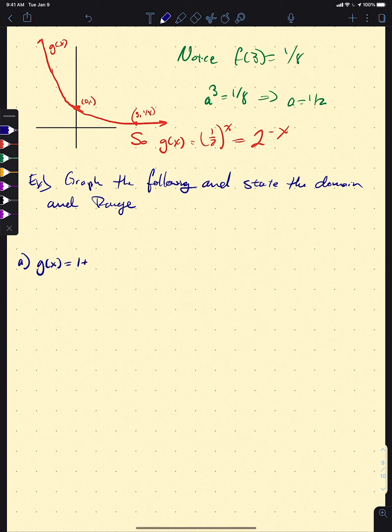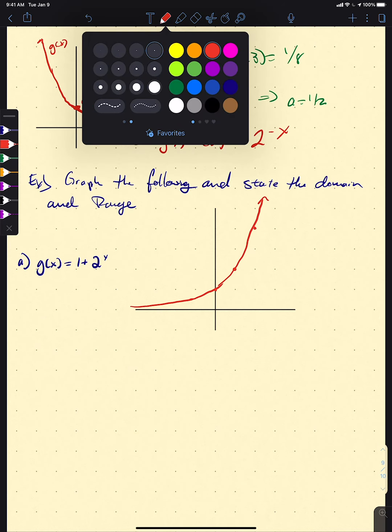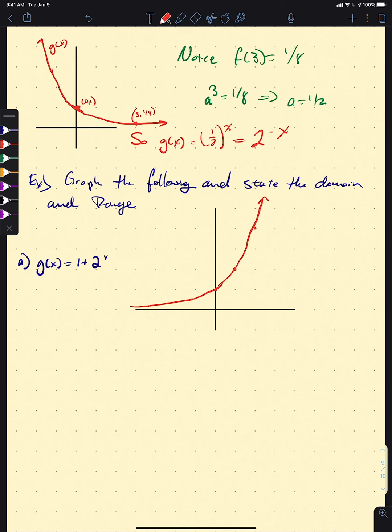We can maybe start with, say, g of x is 1 plus 2 to the x. Well, what that's going to do is it's going to take our graph and shift it up a unit, right? We'll do our parent graphs in red. 1, 2, and I guess we'll go here for 4. Right, and we have this horizontal asymptote here.